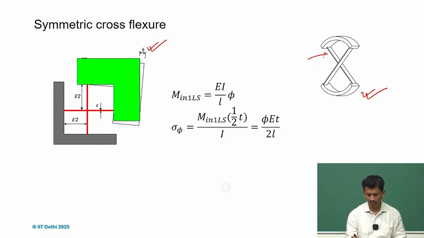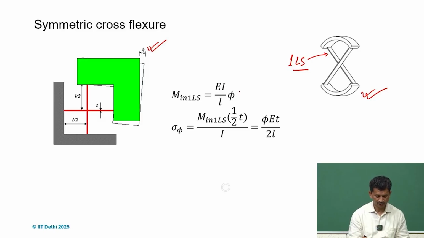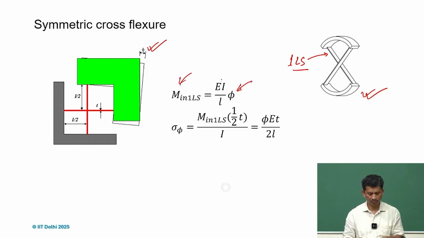Because it's bending, the moment M and the deformation phi are related by EI by L. This is how moment and phi are related in a single leaf spring.